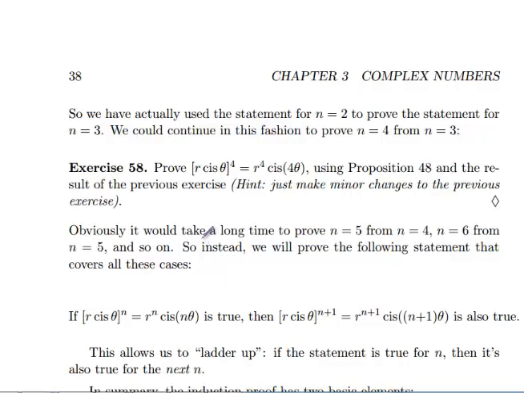So what we want to do is, suppose it's true for the nth statement, then we want to show it's also true for the n plus first statement. In other words, if we have the nth power of r cis theta has this form of r to the n cis n theta, we want to show that from that it follows that the n plus first power of r cis theta has this form of the modulus to the n plus first times cis of n plus 1 theta.